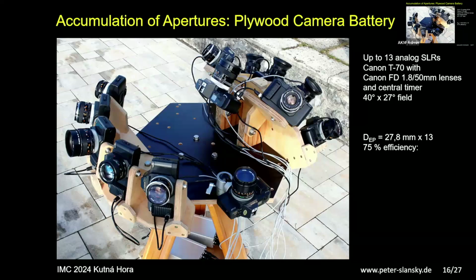If you have an overlap of about 75%, you lose some of the efficiency. But if you take 13 cameras, each with an aperture of 27.8 millimeter diameter, you get an overall effective aperture of about 87 millimeters for nearly all sky. So that's a way to overcome that dilemma.